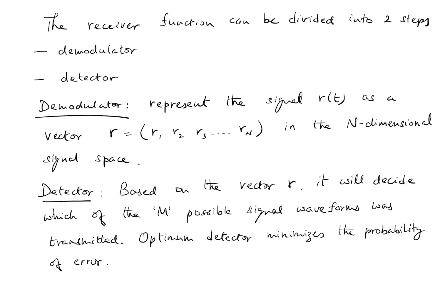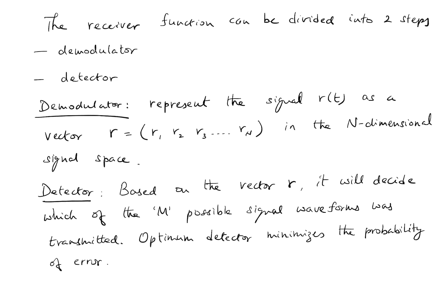We are going to look at the functions of each of these, but for the rest of today's lecture we will restrict our discussion to just the demodulator part, and even within the demodulator we will look at only a specific type in this video, which is called the correlation type demodulator. That would be the focus of our discussion for today.